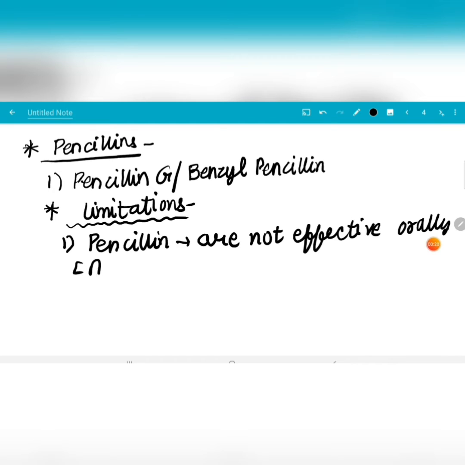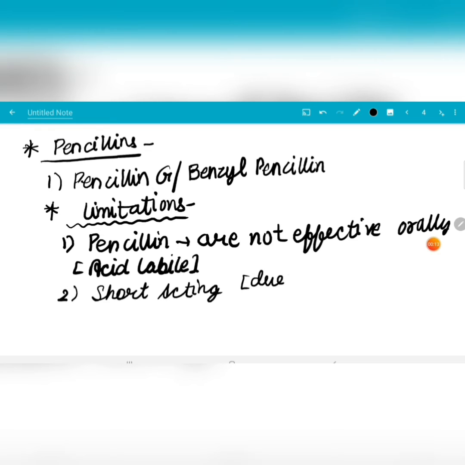Second, they are short acting due to rapid tubular secretion.